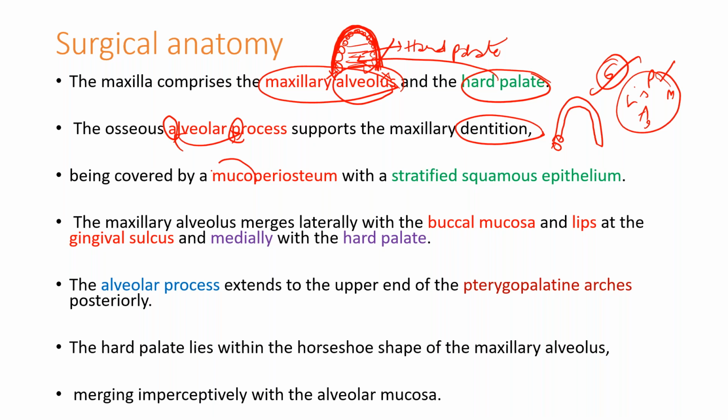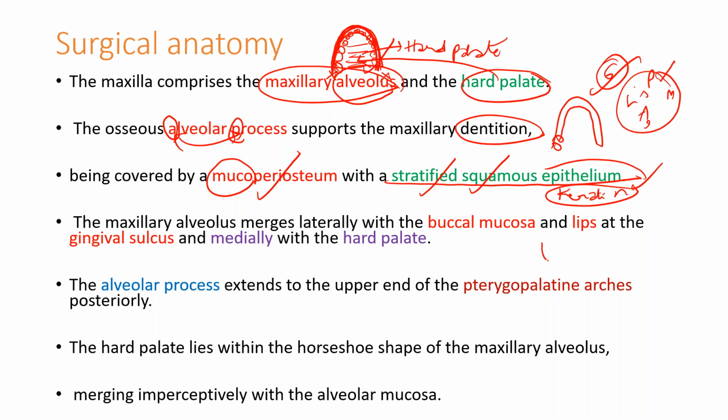It is covered by mucoperiosteum with a stratified squamous epithelium. As you know, in the oral cavity, wherever food gets attached to the mucosa, there will be keratinization. Keratin will be more here, unlike the buccal mucosa. So the maxillary alveolus merges laterally with the buccal mucosa and lips at the gingivo-labial sulcus and medially with the hard palate.